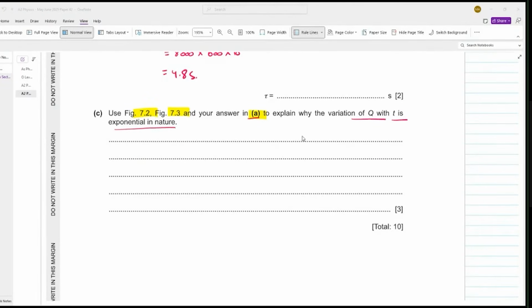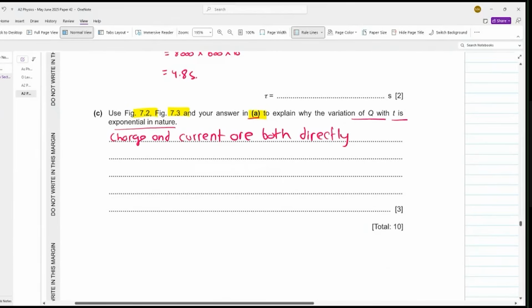You can say charge and current are both directly proportional to voltage.